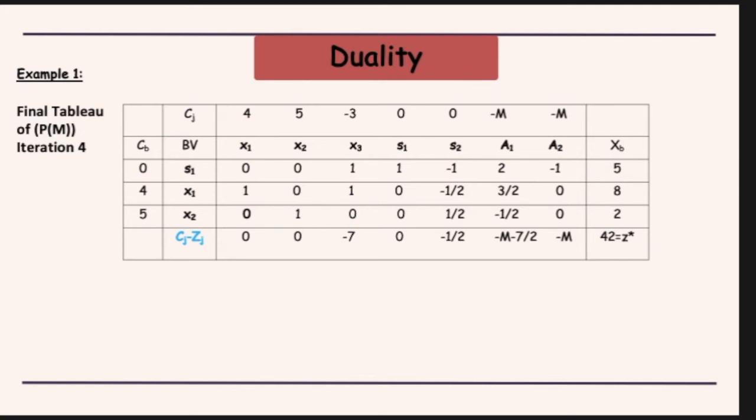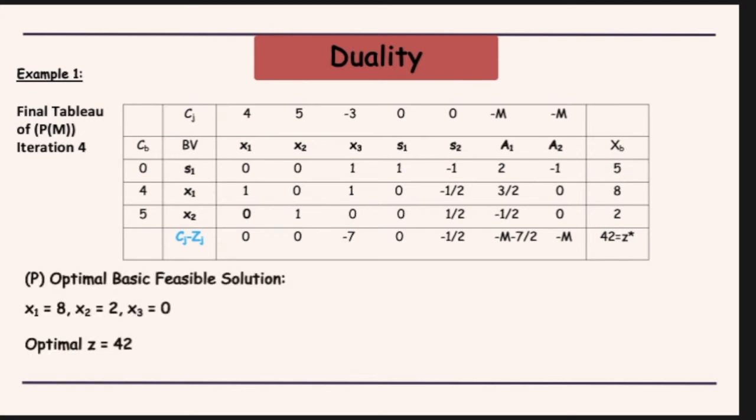So let us see the solution of the primal problem. The primal problem has the basic variables x1 as 8, x2 as 2, and x3, because it is non-basic, has the value 0. The optimal value of the objective function is 42, because now the objective function no longer contains any terms of A1 and A2, so we just have the original objective function back with us.